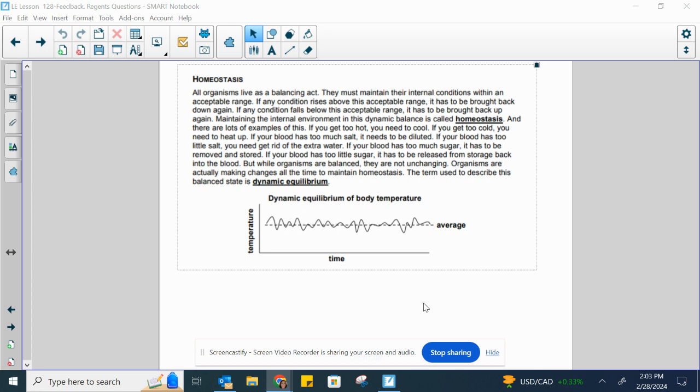This is the balancing act that all organisms have to go through to keep things within an acceptable range. If we look at this little graph here, we're looking at the homeostasis of body temperature. We have an average, and over time it will fluctuate around that average, but our body will work to try and keep it as close to that average as possible.